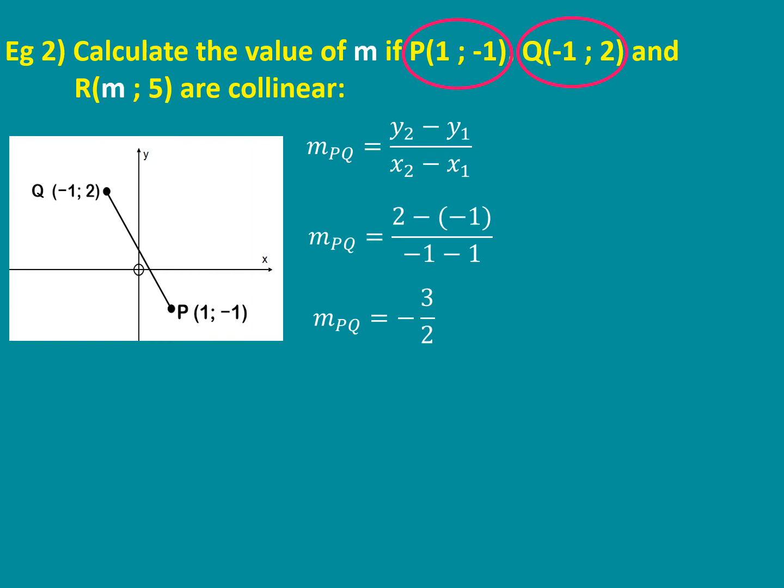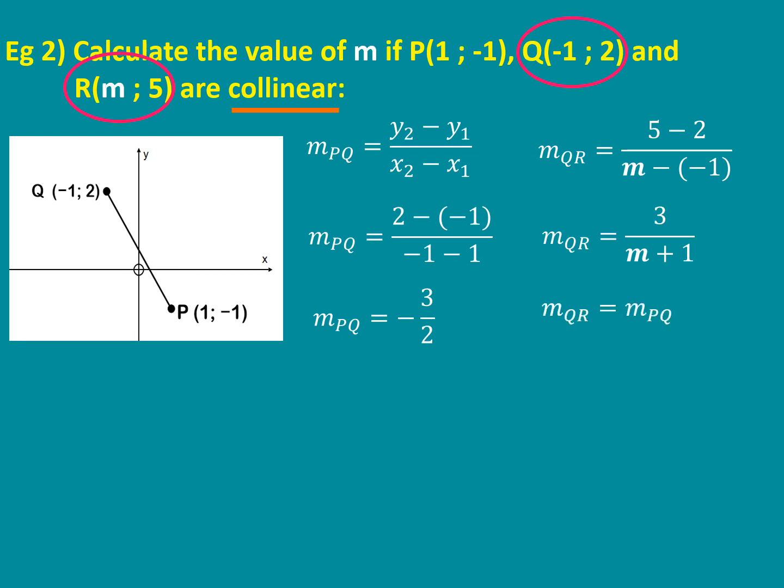Now I need a second gradient, and you can choose PR or QR, and I've chosen to work out the gradient of Q and R. So QR will be (5 - 2) over the x values, so (m - (-1)), and we end up with 3 over (m + 1). Now because those points are collinear, those gradients must be equal to each other. In other words, -3/2 is equal to 3/(m + 1).